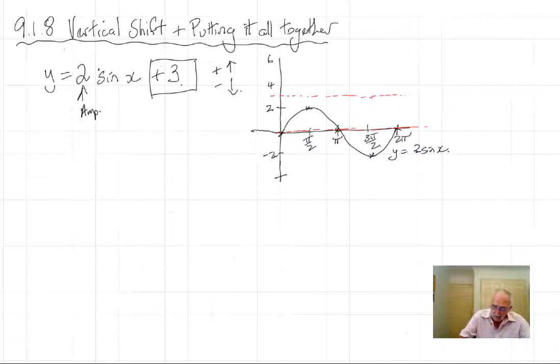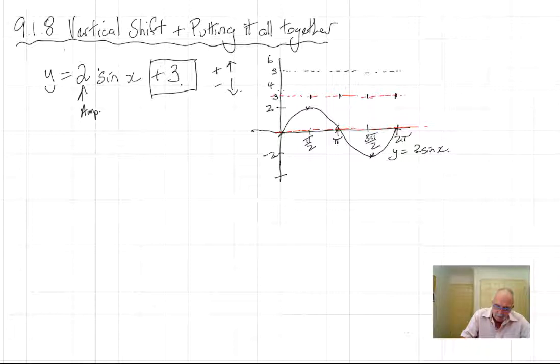These 4 key points that we always plot are going to be exactly straight up from where they are on the x-axis. So those 4 points are there, and then it's got an amplitude of 2, so if that is 3, it's going to be 5. Once again it could help you to dot some lines above and below by 2 units. So there's 3, that's my equilibrium line.